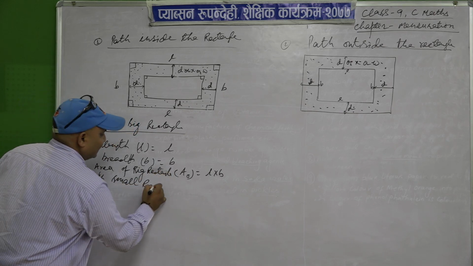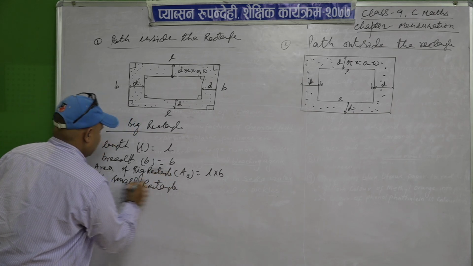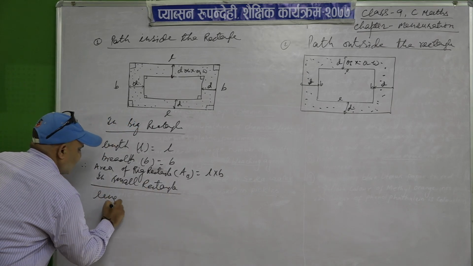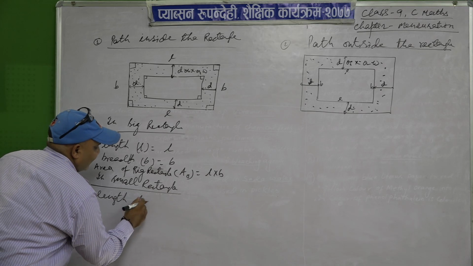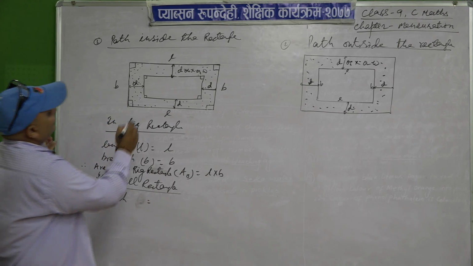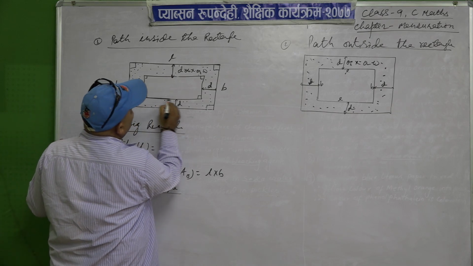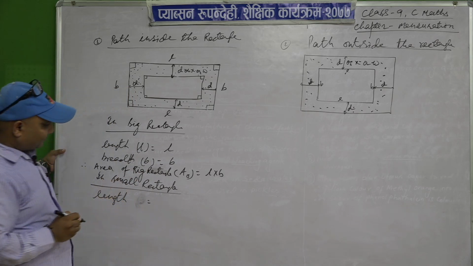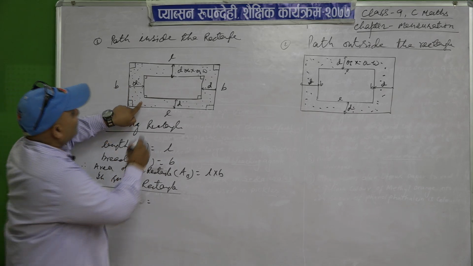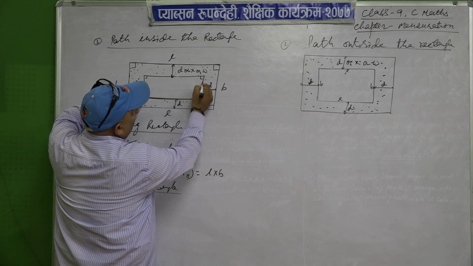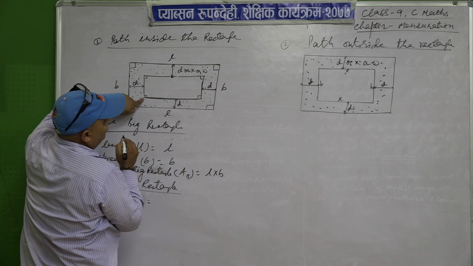In the small rectangle, we need the length. Now, see this, we have to find out the length for the small rectangle, and this is the breadth for the small rectangle.